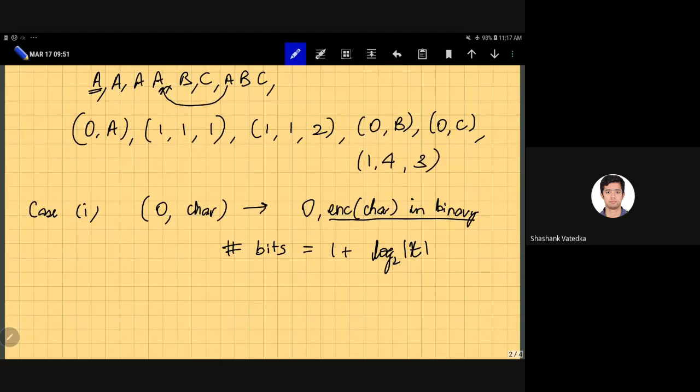What about case 2? Right, so it consists of bit 1 followed by a location and then the length. So if we used a fixed number of bits to represent the location and a fixed number of bits to represent the length, then roughly how many bits would we require?